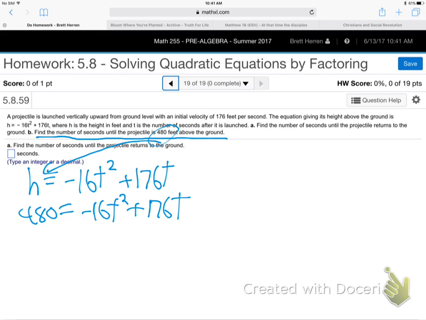So now solve that equation for t. What's the first step on solving that equation? Get a 0. Always first. Remember when the sea monster rears its ugly head, get a 0. And then do GCF.